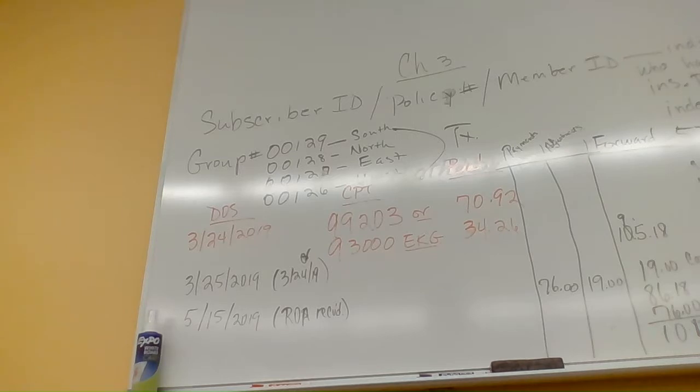Each patient has a general ledger. And then, okay, 105.18. So 105.18 goes right over here.